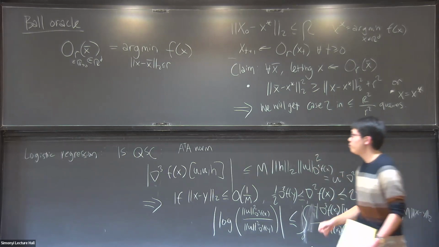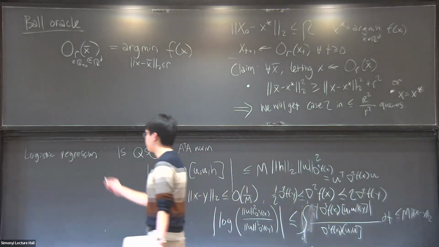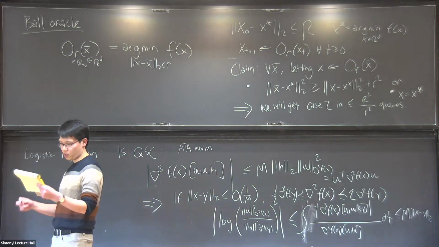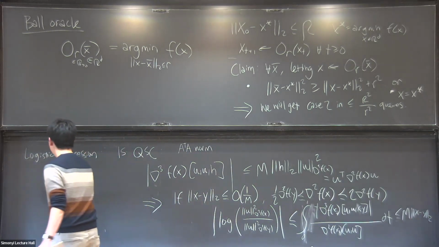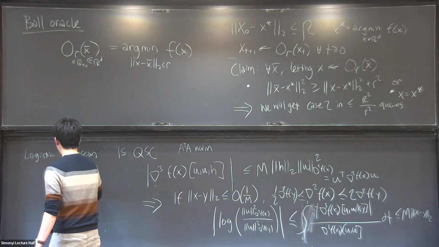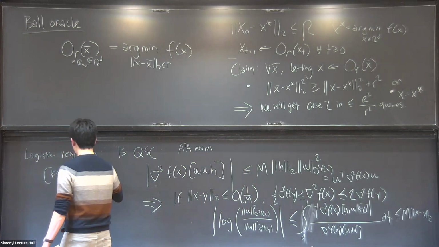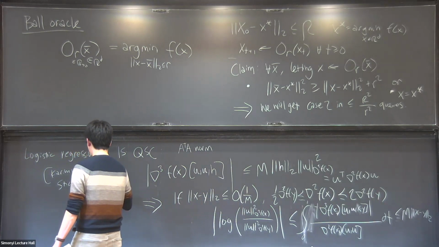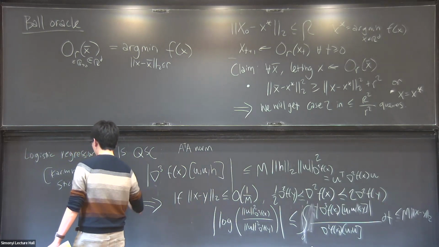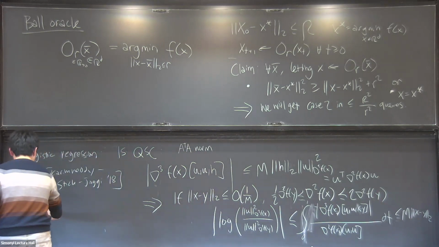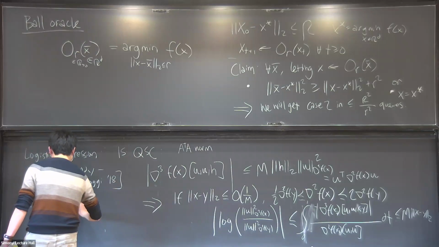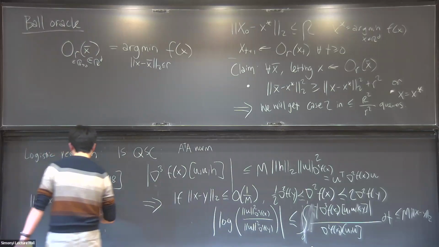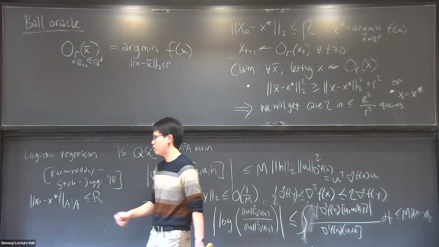As a punchline, for logistic regression in particular, a work by Karimi, Reddy, Stich, and Jaggi in 2018 showed that suppose you have a point x0 that is r far away from a minimizer in the A transpose A norm.